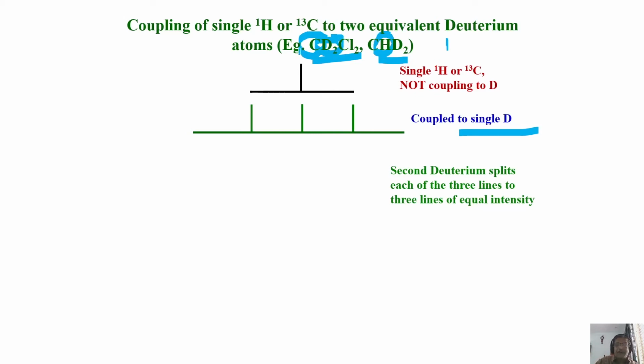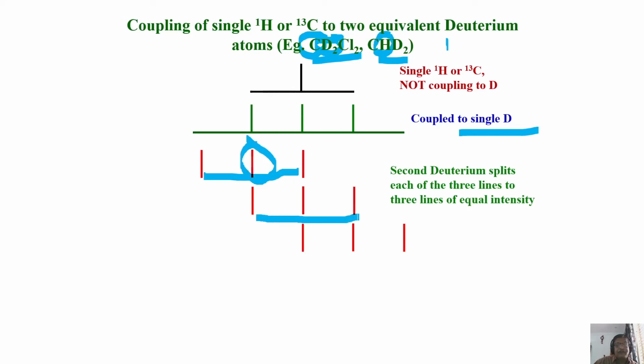So now, when the second deuterium is coupled, each line is going to be 3 lines of equal intensity, because the center line of the 3 lines always coincides with the original line. The central line will coincide, and this will again split into three lines. Again, the central line will coincide.